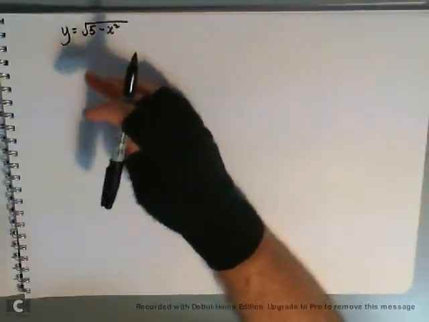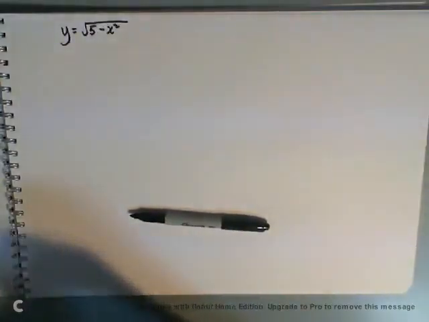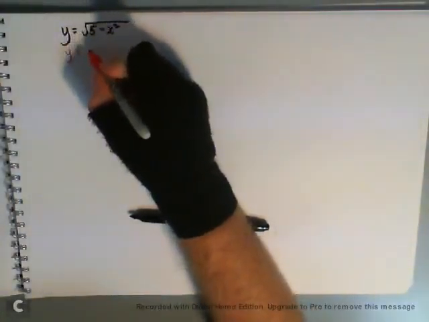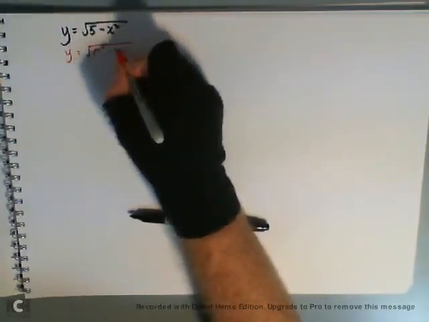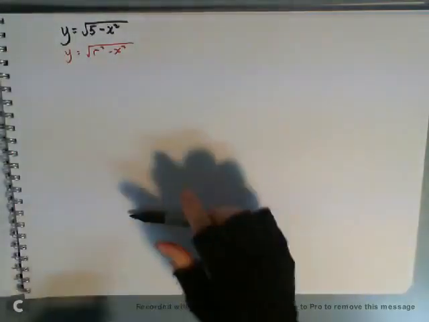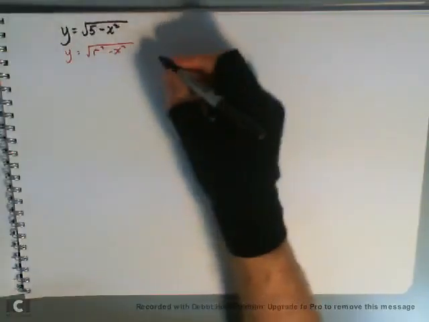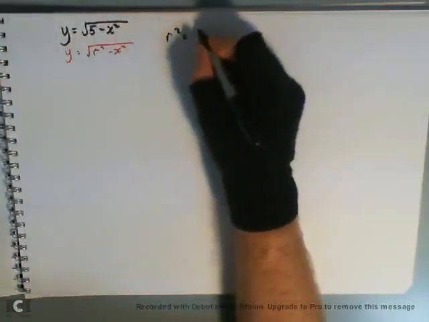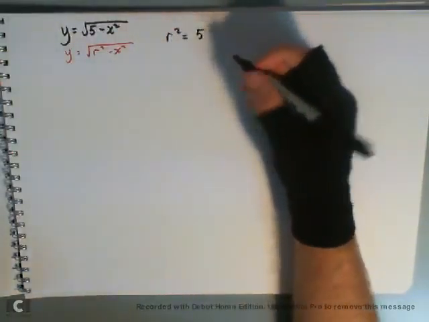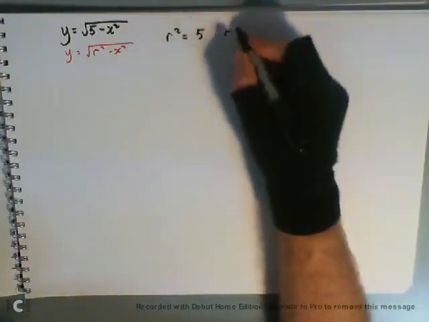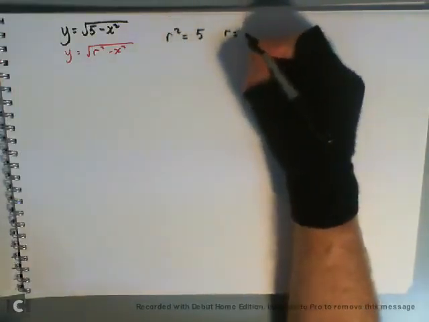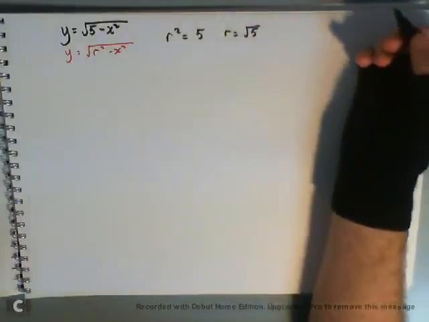It's the equation of a semicircle in the form y equals square root of r squared take x squared. Equating them, we can say our r squared is actually equal to 5, so r is going to be the square root of 5.